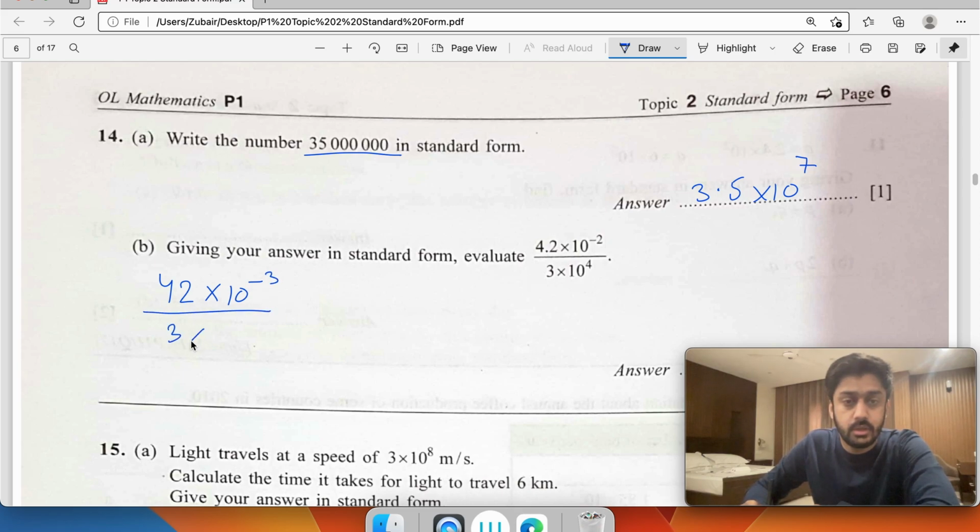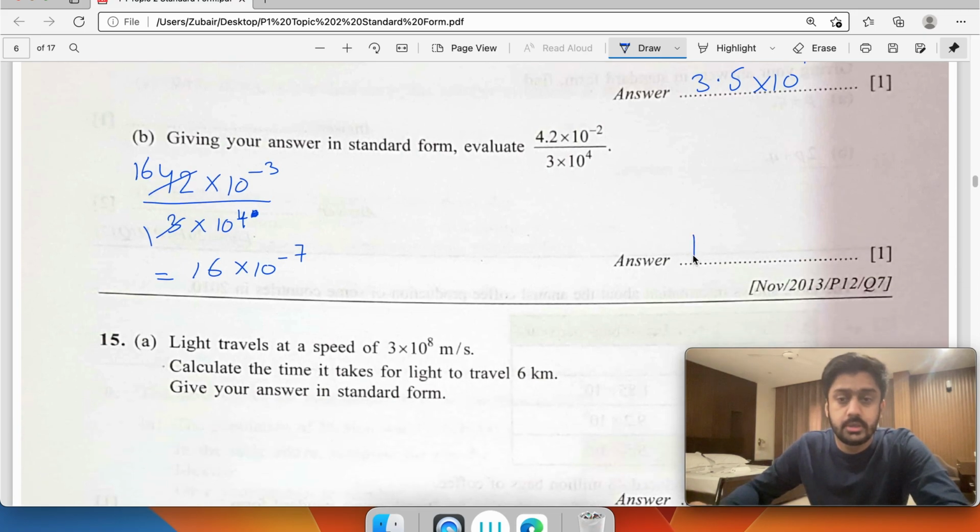Divided by 3 times 10 raised to the power positive 4. So 3 16 times is 42. So 16, divide, we subtract the powers, times 10 raised to the power minus 7. Answer in standard form is 1.6 times 10 raised to the power. Decrease from here, you increase on the other side.